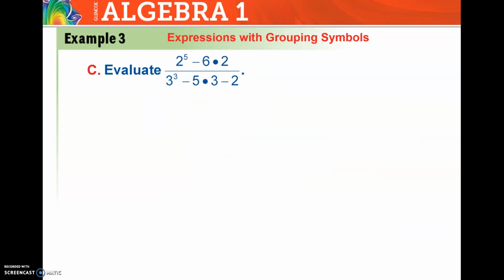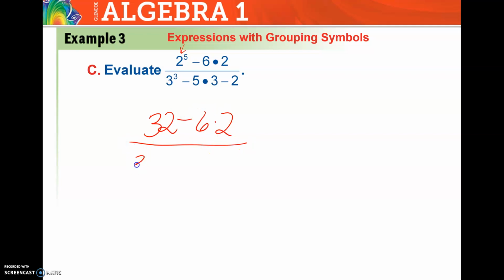So here, this is considered a grouping symbol because you can't divide right away. So I'm going to go ahead and start with the top here, and I'm going to do my 2 to the 5th. So if you don't know how to put that in your calculator, ask so we can put that in. But 2 to the 5th is 32.